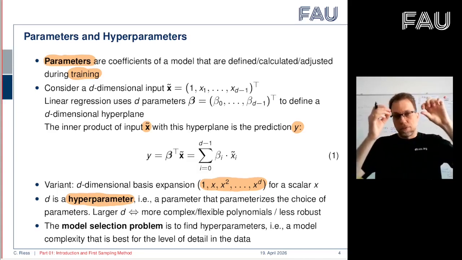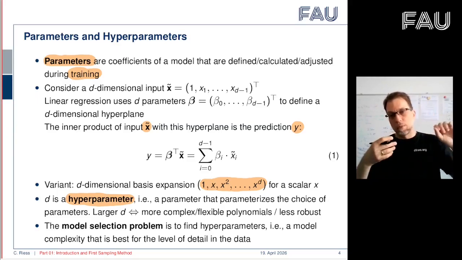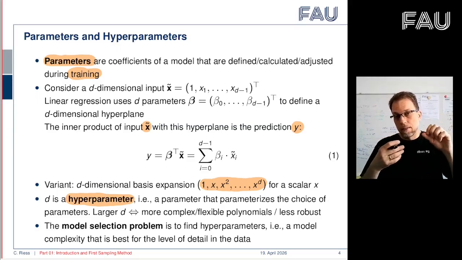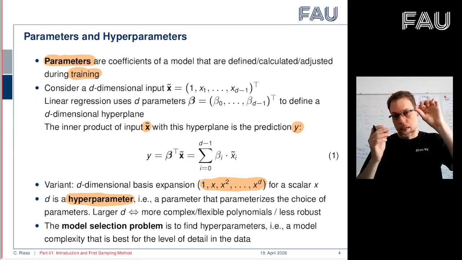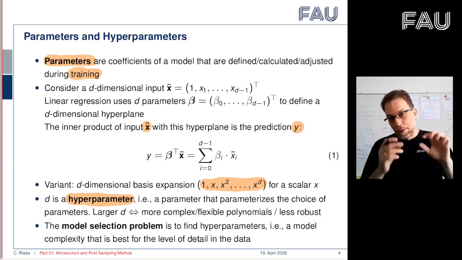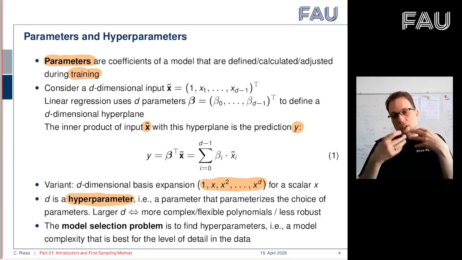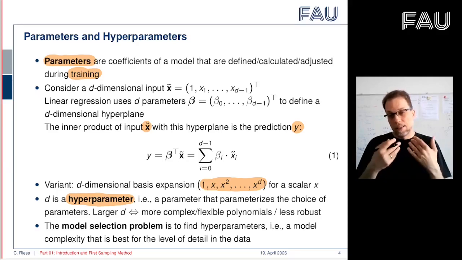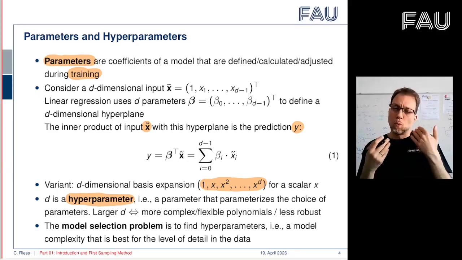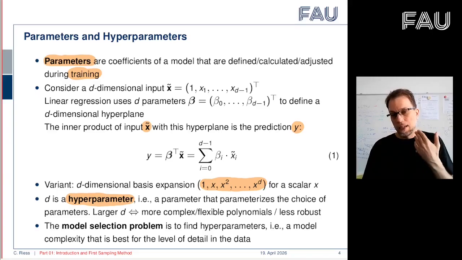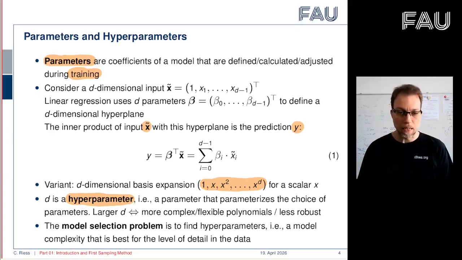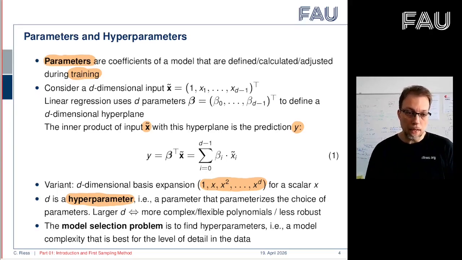But if the input data on which we are calculating this has a lot of disturbances in it, then we might unintentionally learn structure that we don't want to learn. So in a way, it's also less robust, and we're going to talk about this aspect more in the future. The associated task here is the so-called model selection problem.